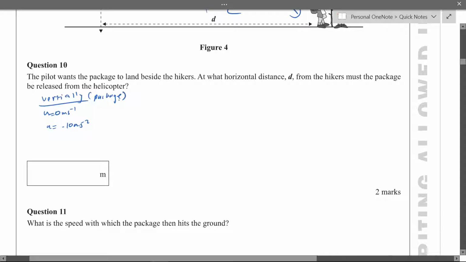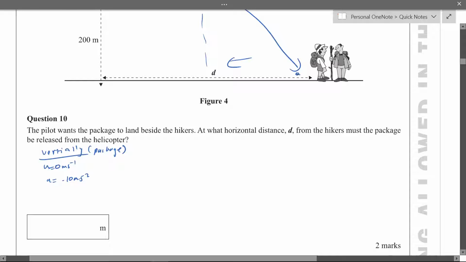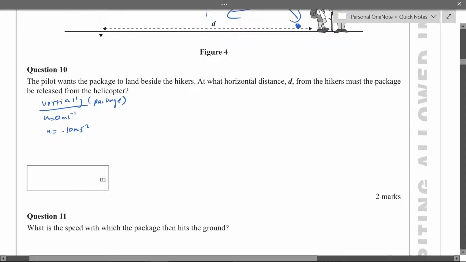So u is 0, but v might not be 0, because at the bottom it will have some velocity since it fell with this acceleration. And s is 200 meters, and we want to know t. The equation that doesn't have v, since we don't know v, is s equals ut plus half at squared, and u is 0, so t is just the square root of 2s divided by a.